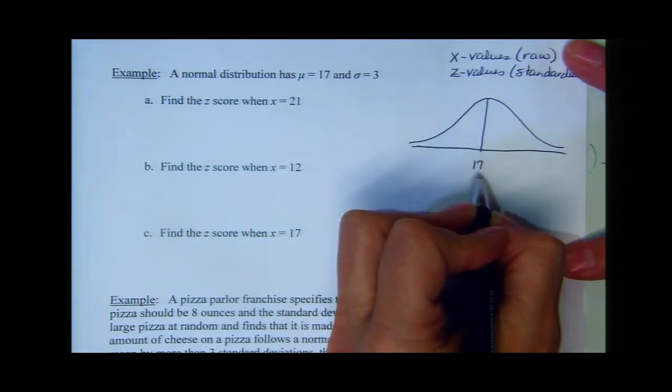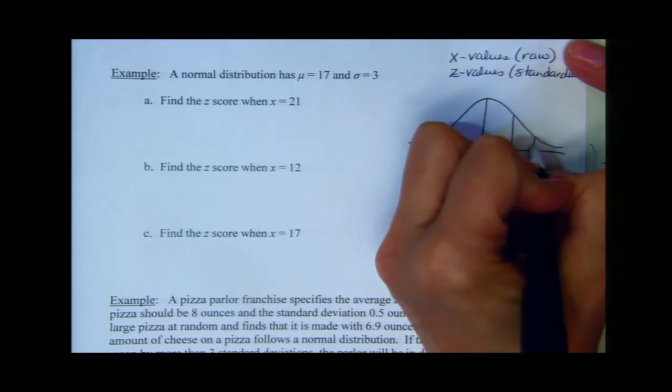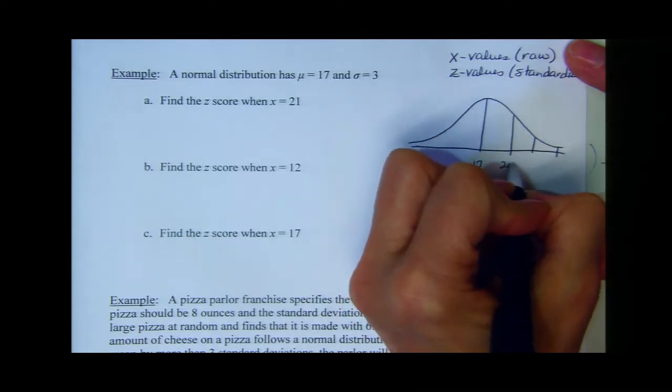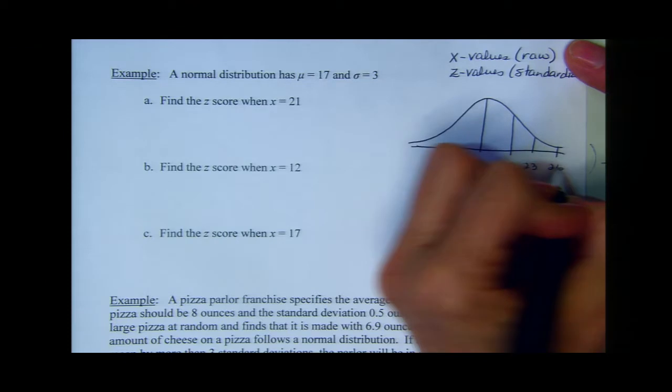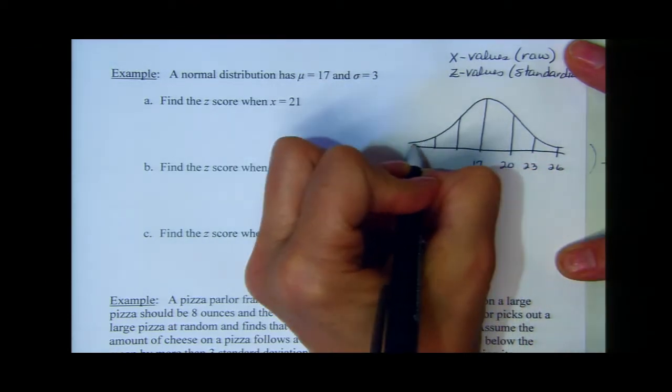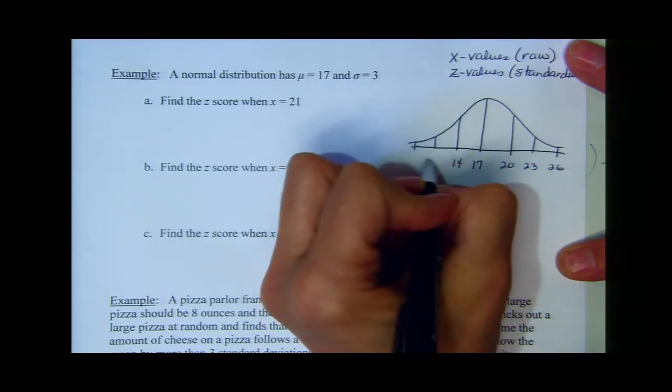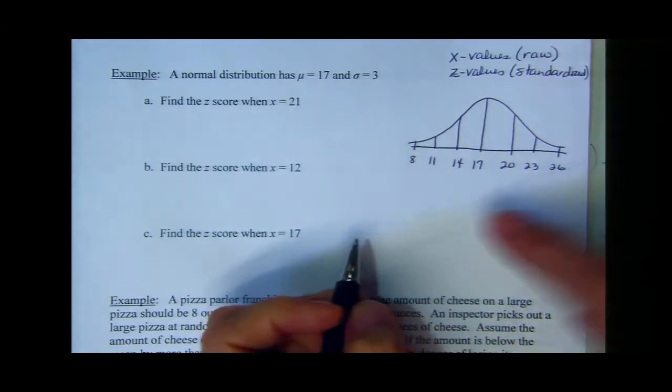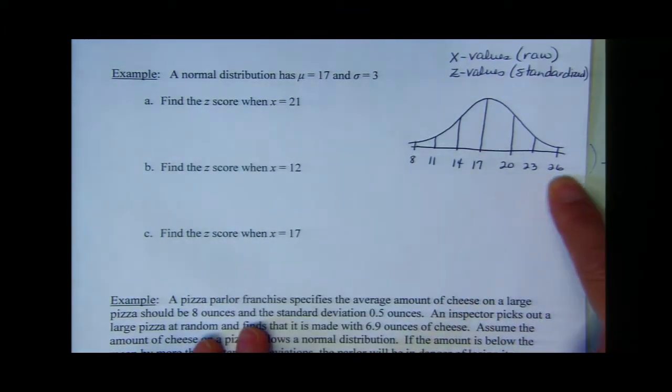It's a raw score. So as I draw this and I add 3, and as I subtract 3, each of these are X values. These are all raw scores.